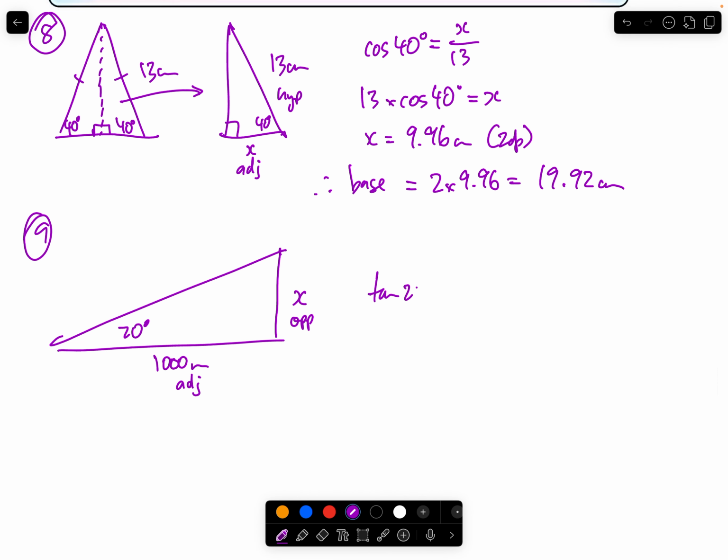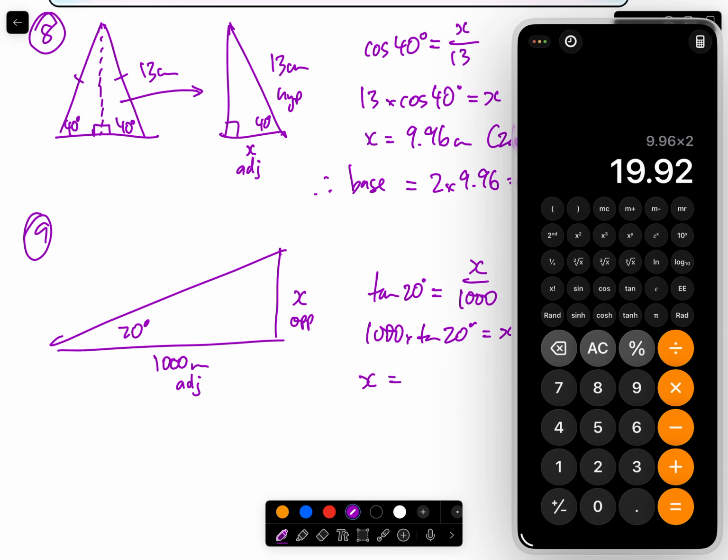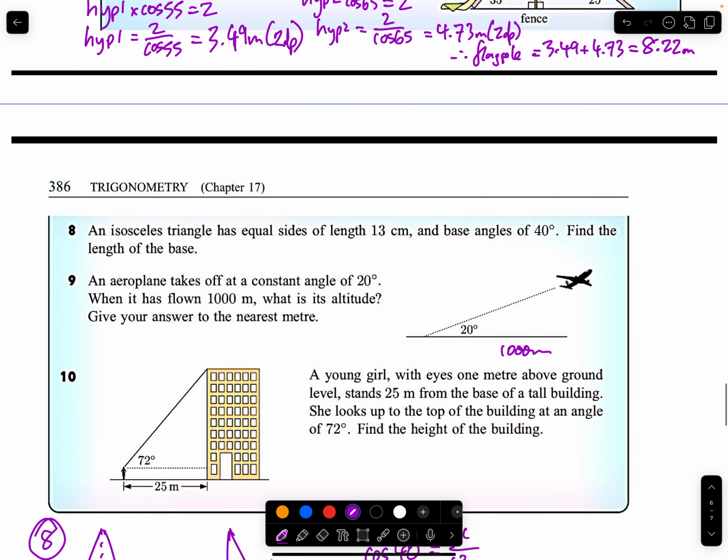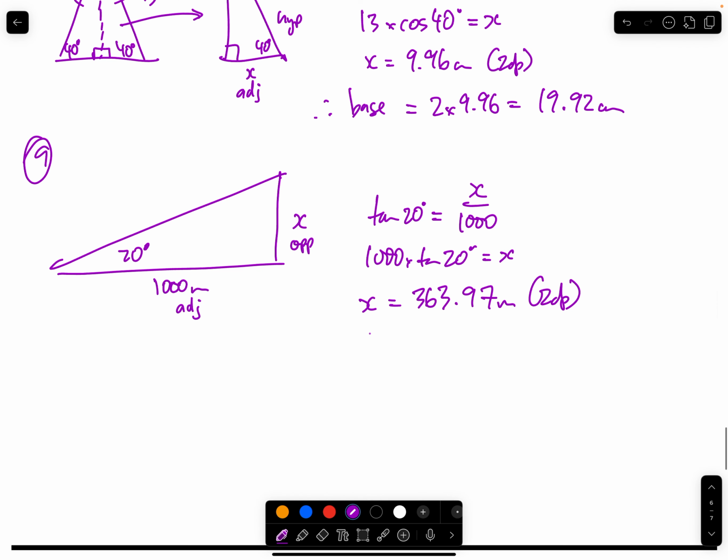So tan 20 equals opposite over adjacent. 1,000 times tan 20 degrees equals x. So x is 363.97 meters rounded to 2 decimal points. Give your answer to the nearest meter, so therefore 364 meters.